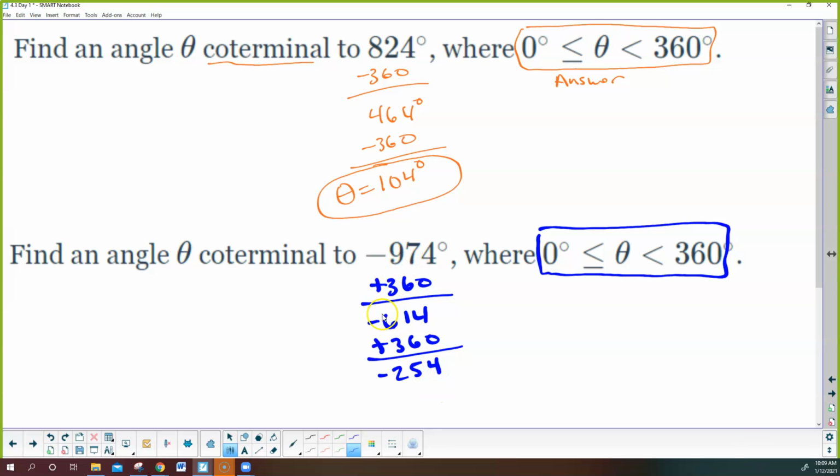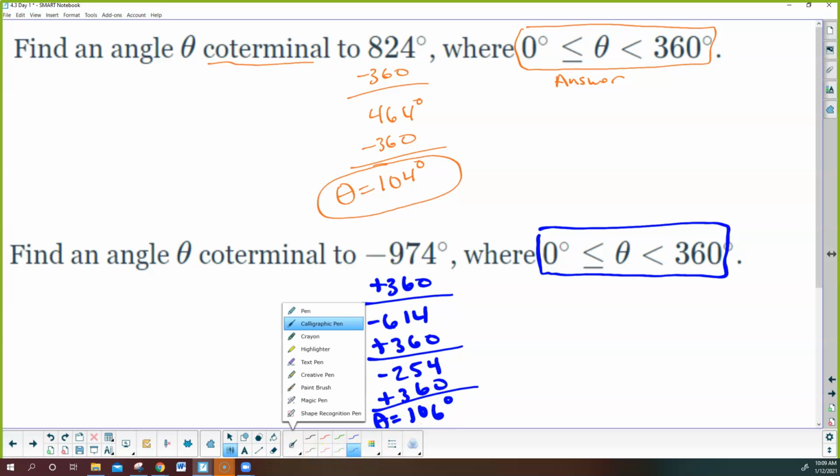So notice I added 360, I got -434, and then I added 360, I got -74. You can hopefully tell the next iteration will give me the answer that I want. So theta is equal to 286. And you should confirm that it definitely lies between what they're asking for. All right, so it's pretty quick.